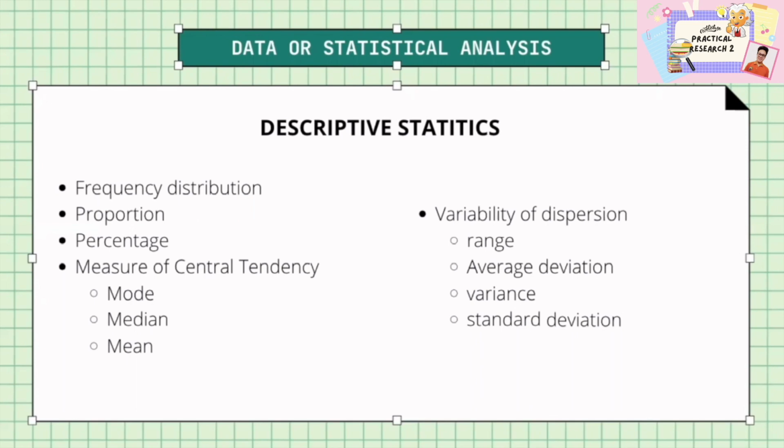Standard deviation is the square root of the quotient of the total square deviation from the mean and the total number of cases. So that's how we compute for standard deviation. If you want to have a deeper knowledge about this, you can watch videos on YouTube.